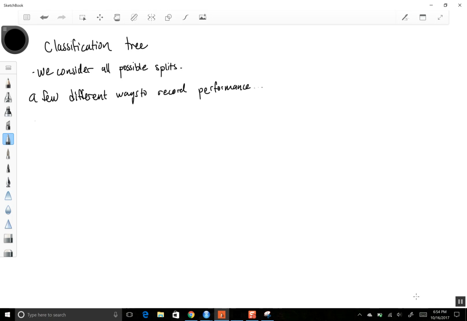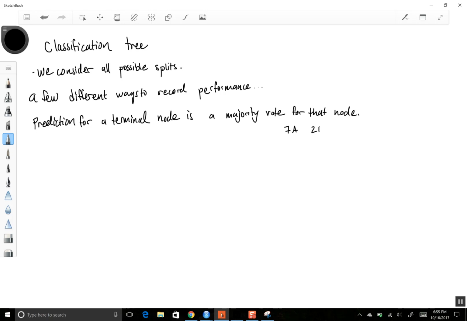Basically, the prediction for a terminal node is a majority vote for that node. So if the terminal node has 7 class A and 2 class B, then we predict A for this node.